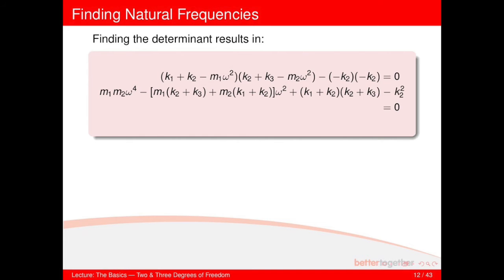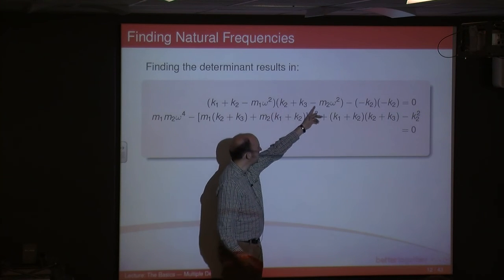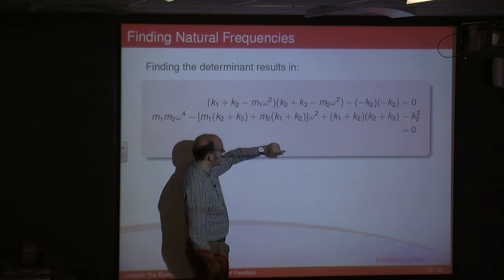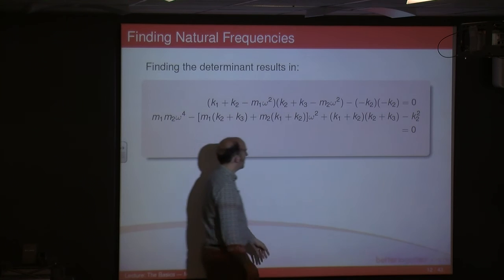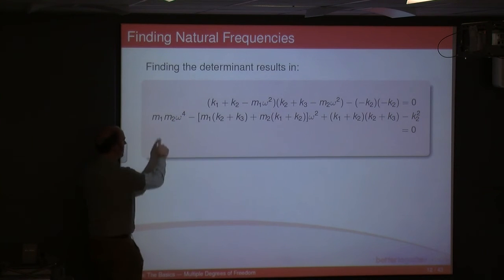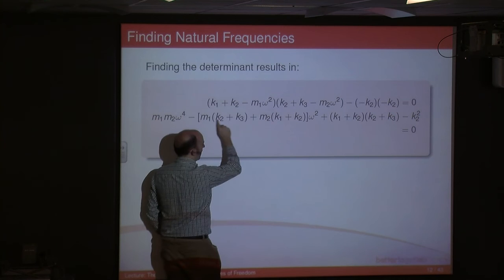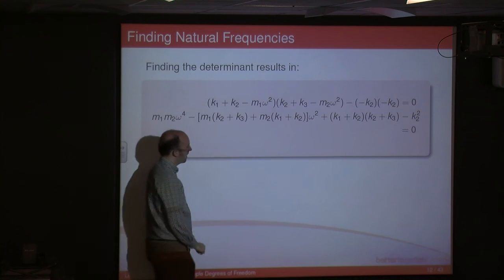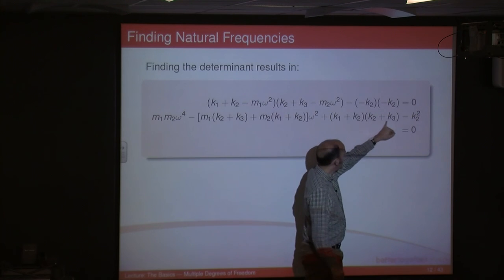Now, if you take those diagonals, the first term and the fourth term, multiplied together, minus the other two multiplied together, you end up with this. If I expand it out, you end up with m1 m2 times omega to the power of 4. Then you've got omega to the power of 2 multiplied by all this lot. And then omega to the power of 0, you've got this minus this.